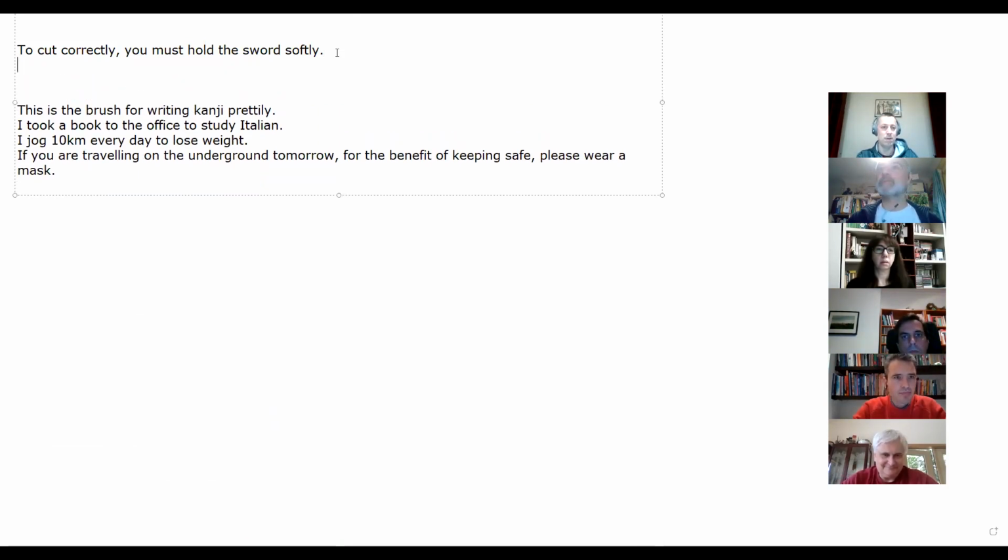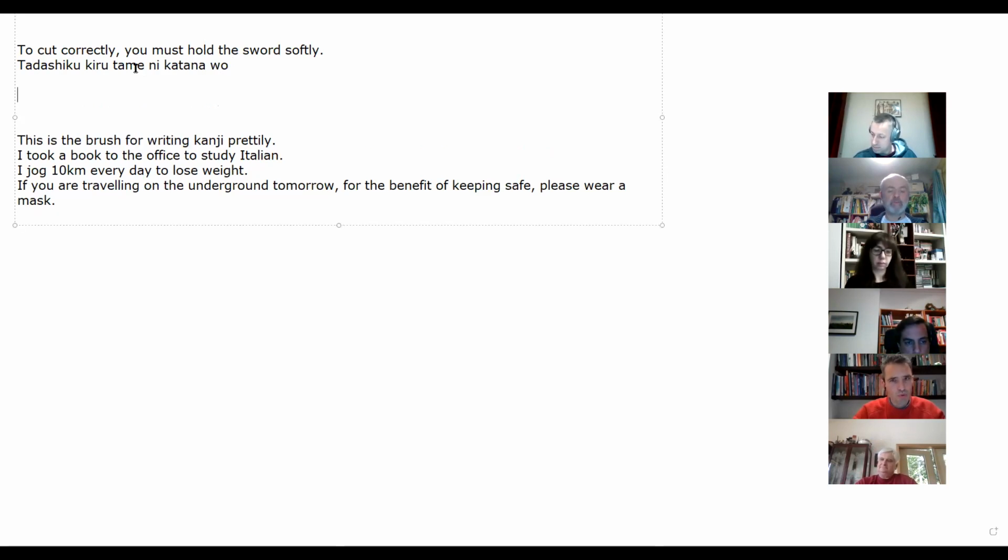To cut correctly, you must hold the sword softly. Nazca, are you there? I'm here. Okay, good. Do you want to do this one? 正しく切るために、刀を… I don't remember the word to hold. So we can use for now motsu. 持つ。持つ必要があります。You can probably just use must here, so the same nakereba thing that we did before.